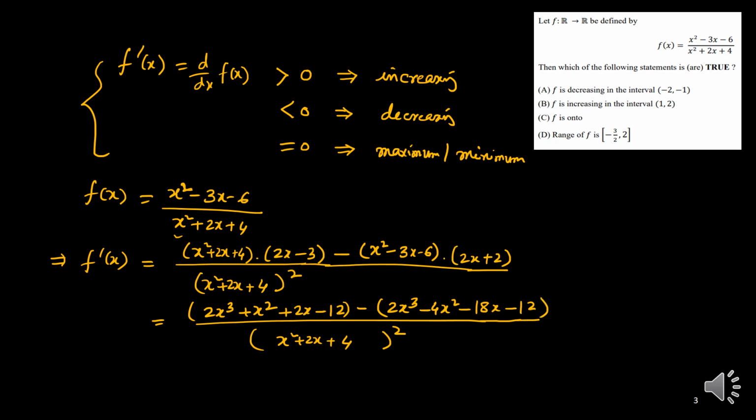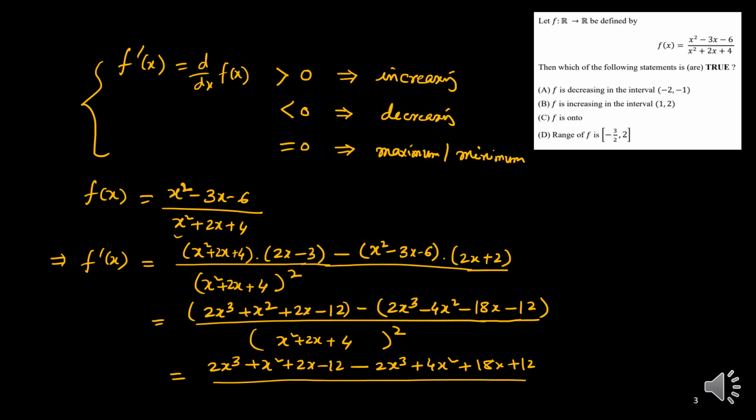That's all. Now we can simplify it further. So this is 2x cube plus x square plus 2x minus 12. This is minus multiplication. Minus 2x cube minus 1 is plus 4x square plus 18x plus 12.